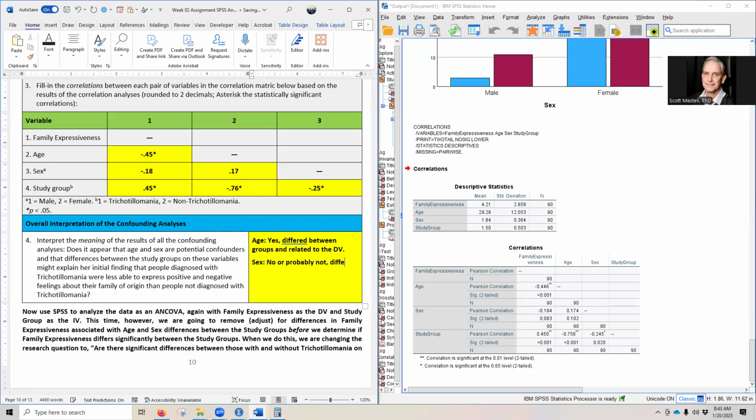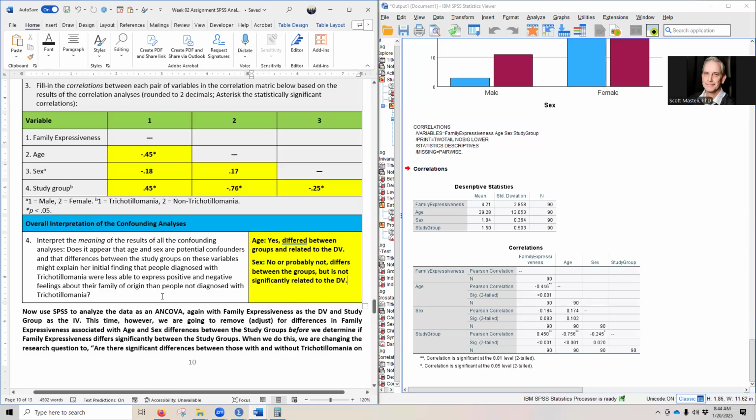Well, it differs between the groups, but is not significantly related to the DV. So it cannot technically be a confounder in this study. So the age definitely could account for our findings. Sex, probably not because it's not statistically significant.